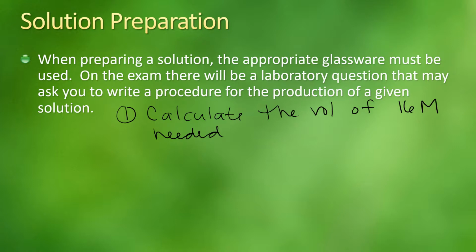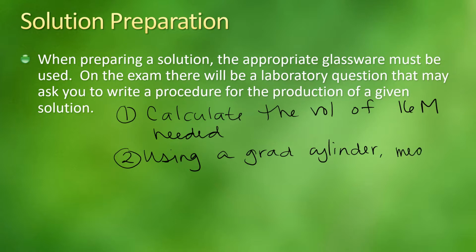Then, once you know the volume of that 16 molar sulfuric acid solution, we would measure it out. So we would, using a graduated cylinder, measure the needed volume.